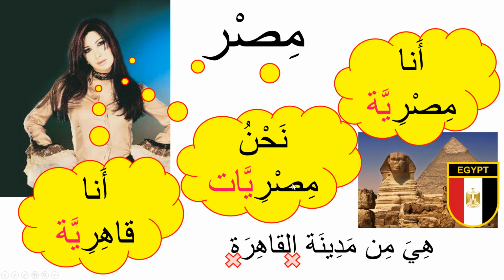For the feminine plural form of a nisba adjective, you always add an alif and then a ta. So it's misriyat, nahnu misriyat. And of course, she's a Cairene, and she says, Ana Qahiriya, instead of Qahiri, because she's a lady.